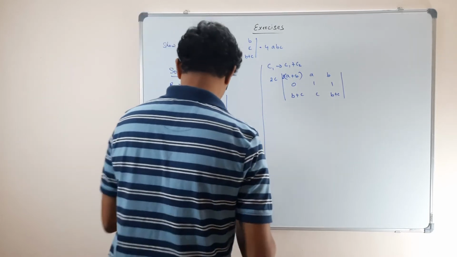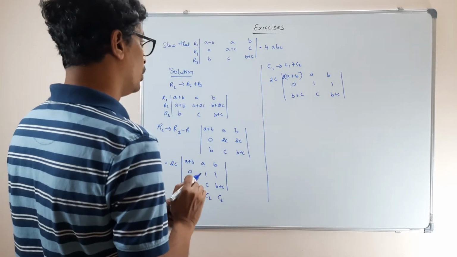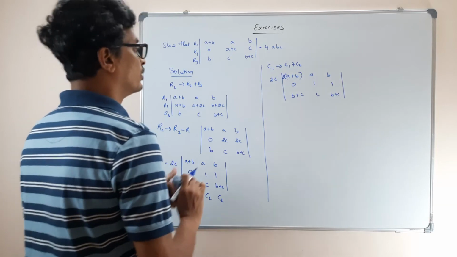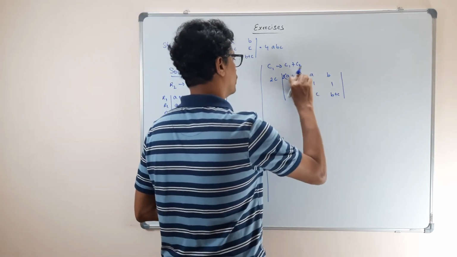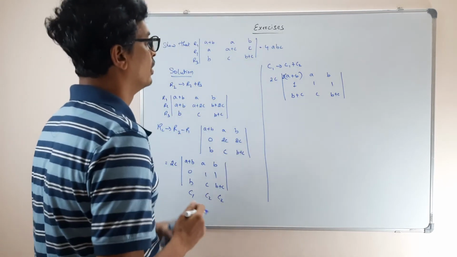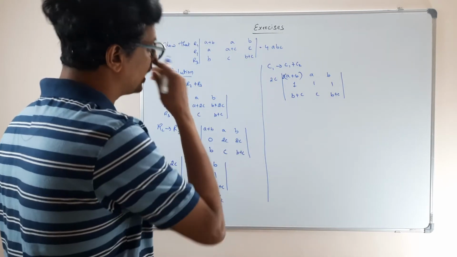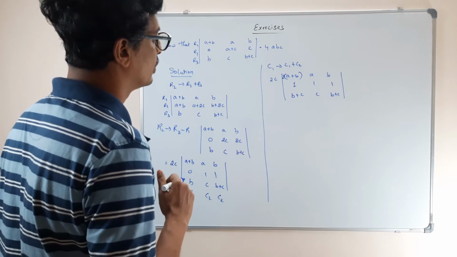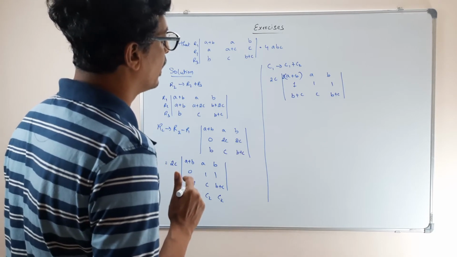Oh, I made a mistake. It's C2 plus C1, so this will become 1. Then I am not going to get lower triangular. Okay, let me at least make it 1, 1.